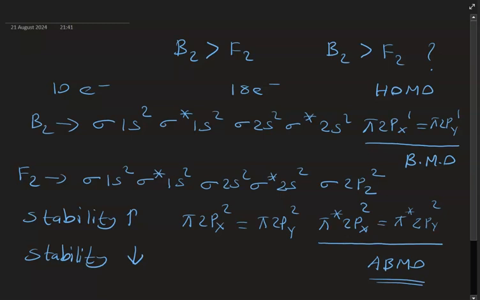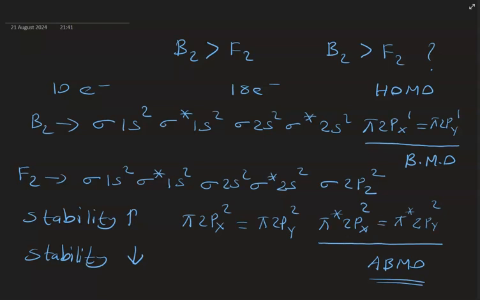So in case of B2, since the HOMO is a BMO, stability of the B2 molecule increases, and in case of F2, since the HOMO is an ABMO, that is anti-bonding molecular orbital, the stability of the molecule decreases.